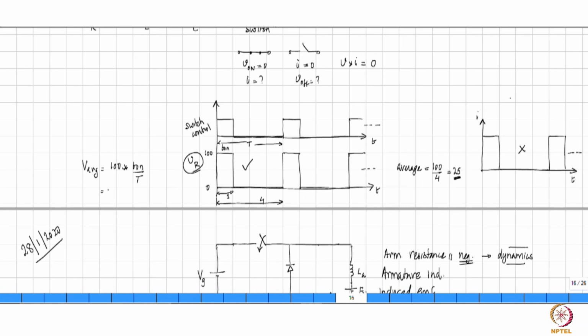And therefore, if you want smaller ripple and you want to decrease the value of T on, in order to keep the average voltage same, you have to decrease the value of capital T as well, right? So this ratio of T on divided by T is called duty ratio. So you need to keep the duty ratio fixed in order to get a certain voltage.